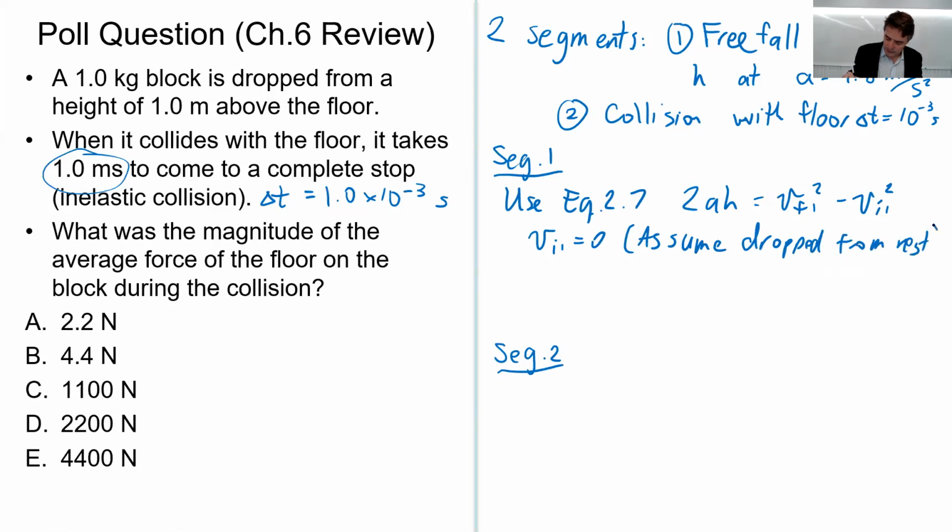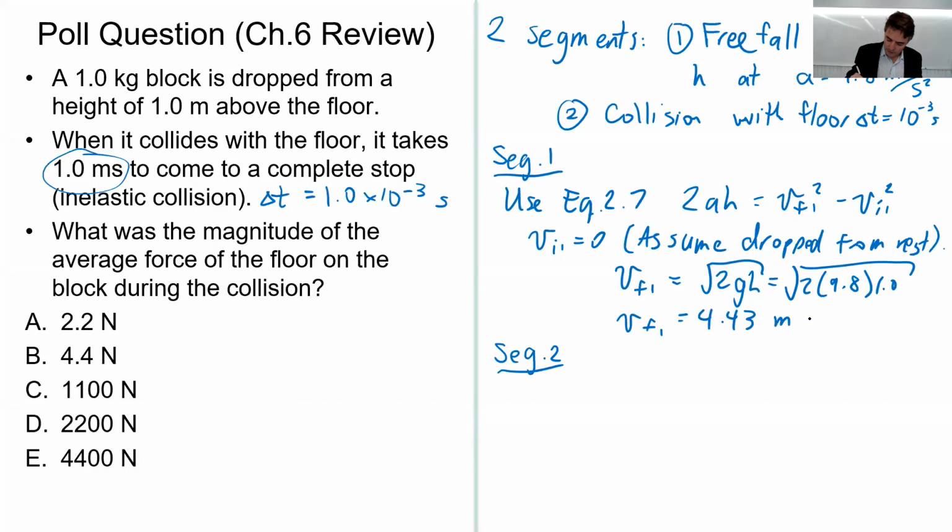Doesn't exactly say that. And so v final of the first segment is the square root of 2 times g times h. So I plug that into my calculator, times 1.0. And I got v final 1 is 4.43 meters per second.